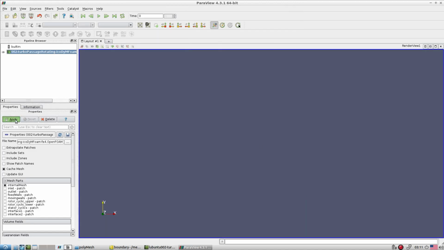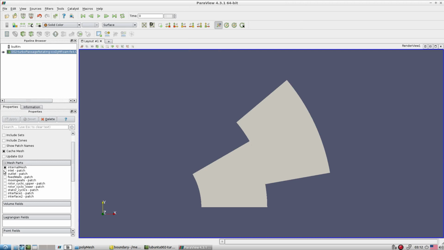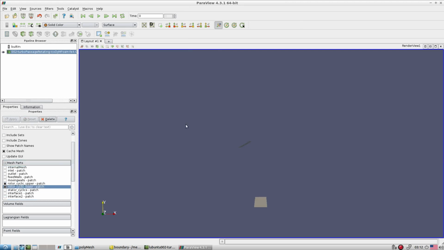So this is what we have, and let's switch off everything. We have the rotor, both the cyclic. Let me open that. The angle in between the upper and lower rotor cyclic wall is 30 degrees.